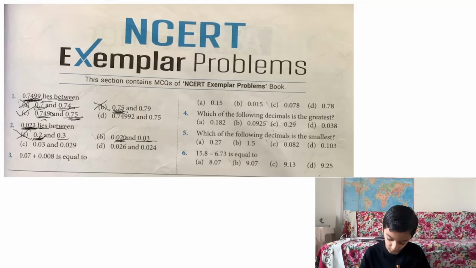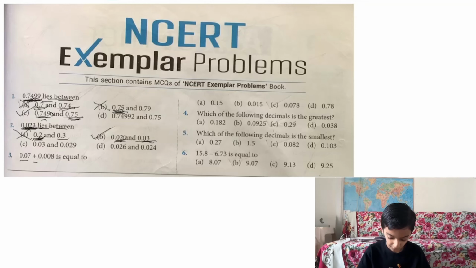So obviously 0.03 is greater than 0.023, and I said 0.03 must be greater than 0.023. So this condition is also satisfied. From here we can say that 0.023 lies between 0.02 and 0.03. So the correct answer of question 2 is option B, which is 0.02 and 0.03. Question 3.